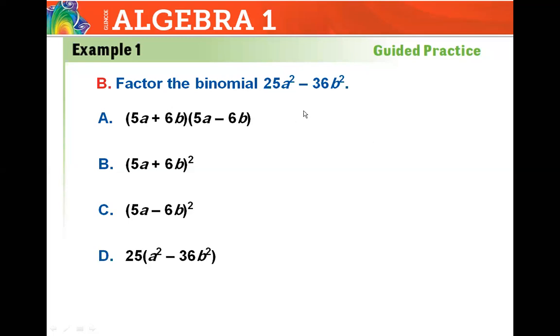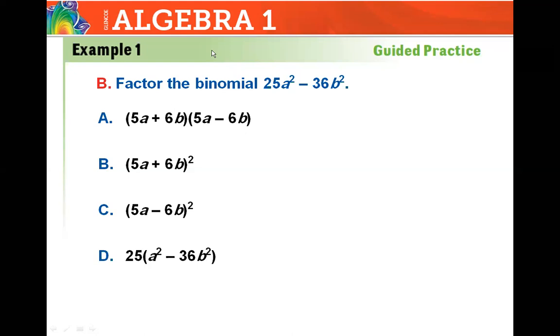Can you factorize this binomial? Muhammad, yes. Okay, I think we make two brackets, a difference between two squares, because the sign here is negative. 25 has a square root, 36 has a square root, so it's a difference between two squares.